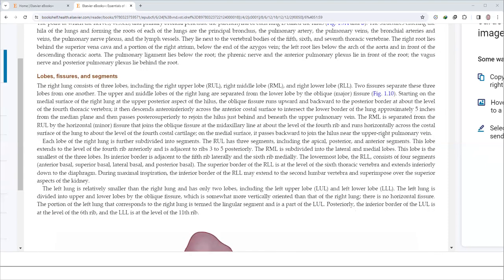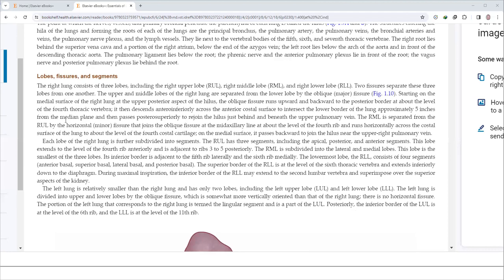And starting on the medial surface of the right lung, at the upper posterior aspect of the hilus, the oblique fissure runs upward and backward to the posterior border at about the level of the fourth thoracic vertebra.